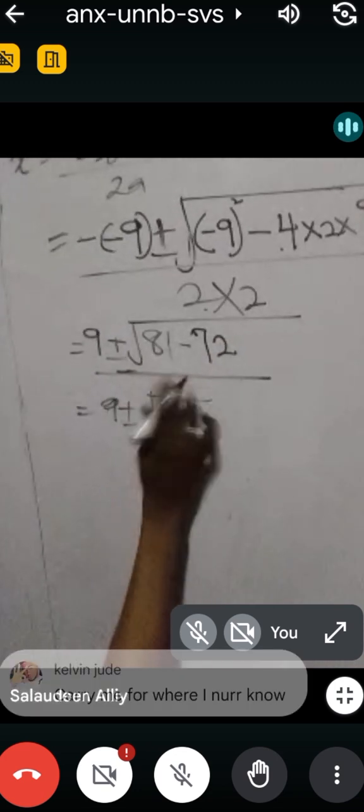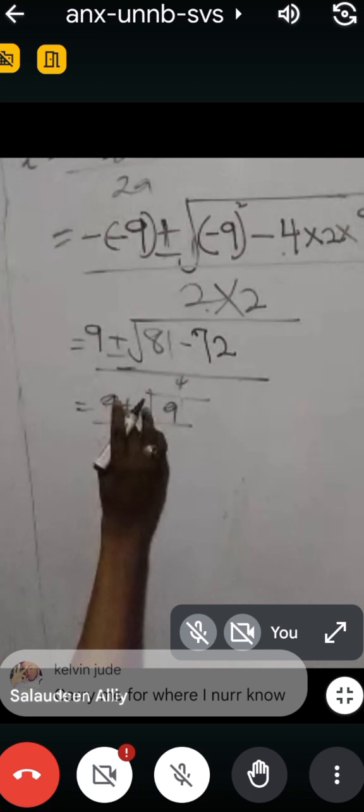Minus 4 times 2, that's 8, 8 times 9, 72. All over 2 times 2, 4. So I have 9 plus or minus square root of 81 minus 72, which is 9, right? Square root of 9 over 4.